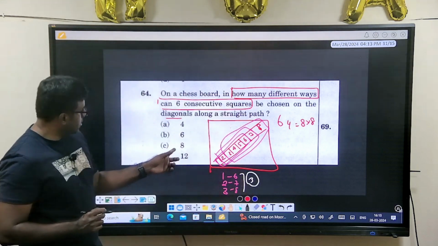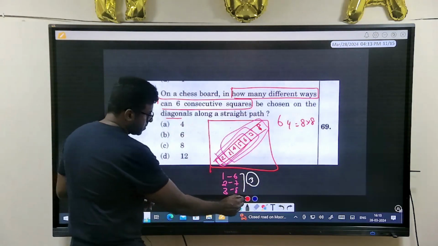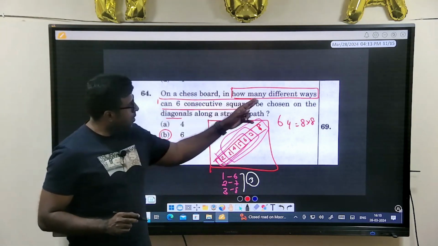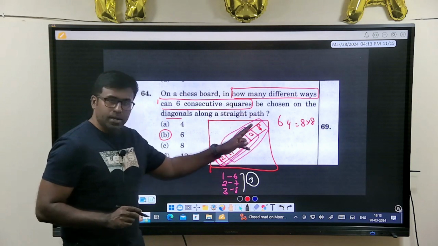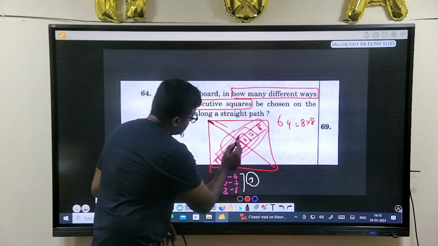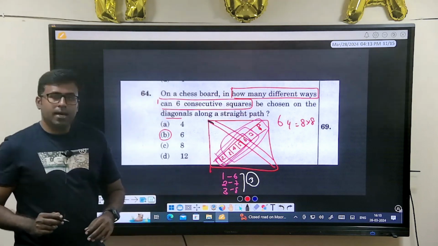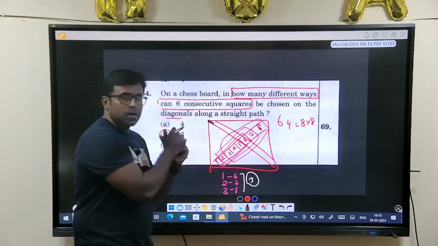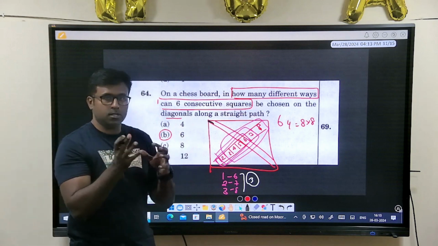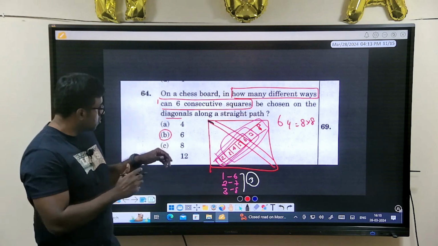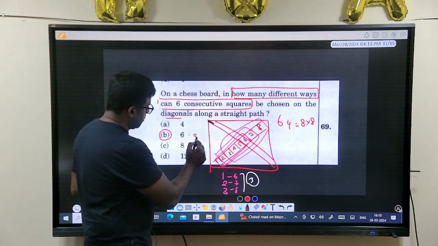But the answer is 6, because this is one diagonal, and you will have one more diagonal here where you will be choosing 6 consecutive chess boxes, and you can have 3 combinations in that as well. So it is actually 3 plus 3.